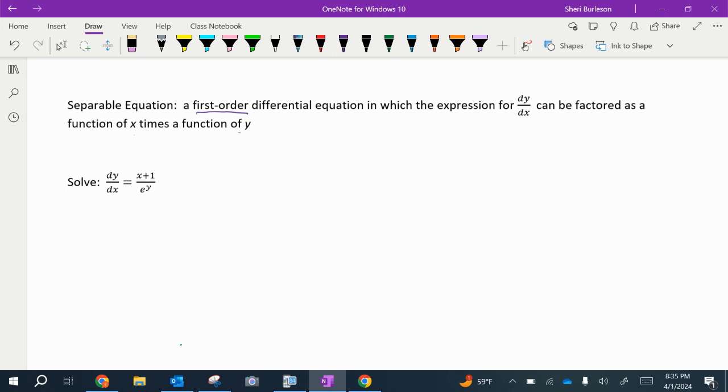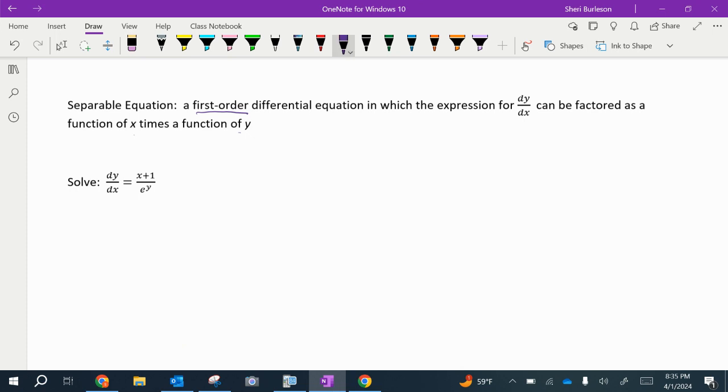So to solve a separable differential equation, what we need to do is separate the x's and y's on either side of the equation. I'm going to have my y's on one side, including the dy, and my x's on the other, including the dx.